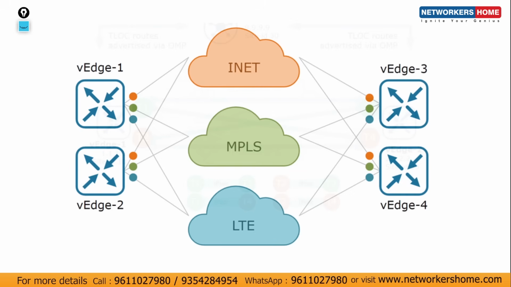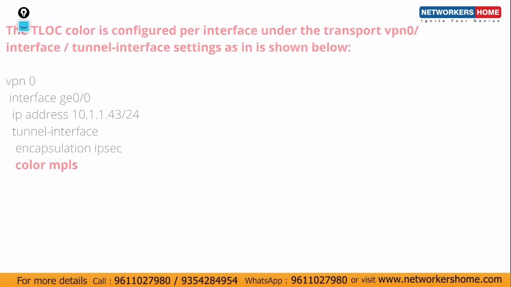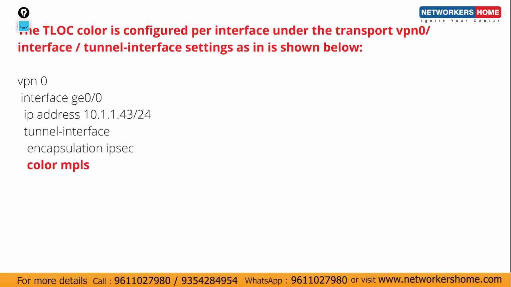But by default it is going to be a full mesh among all interfaces except its own site. So how do you configure it? You go to your transport VPN, VPN 0 interface, and then you can give color under the interface IP.